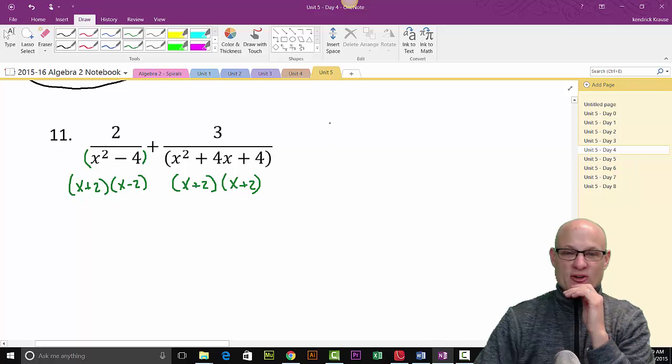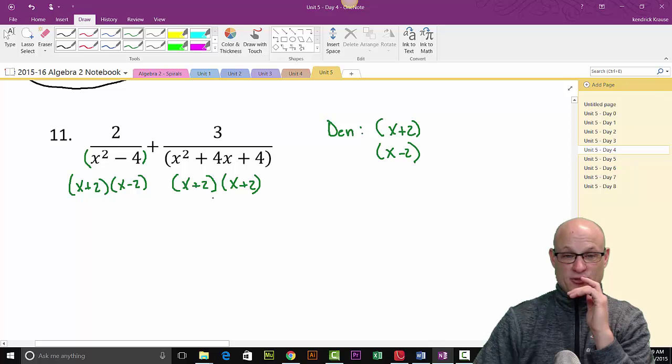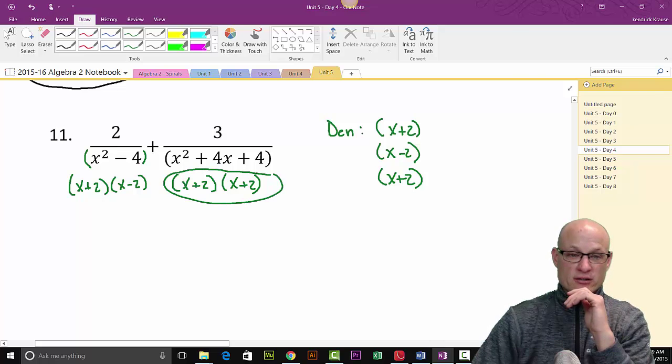So let's list out all the things that are in the denominators. I have an x plus 2, an x minus 2, I have an x plus 2. I have two x plus 2s. That means I need another x plus 2. See, you have to take the minimum amount. There's 2 here and only 1 here.